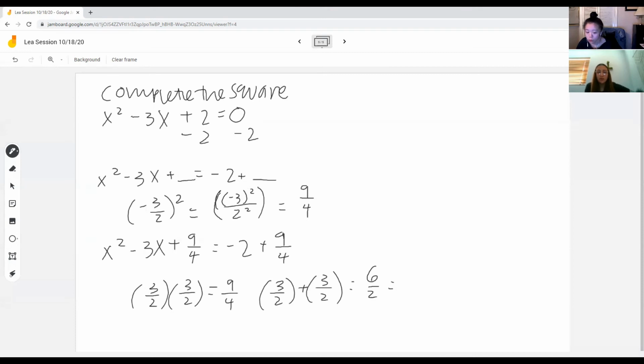So that would equal 3, right? So you have 3 over 2 times 3 over 2 equals 9 over 4. 3 over 2 plus 3 over 2 equals 3. But this is negative 3, right? So then it would just be negative, because negative 3 over 2 times negative 3 over 2 is still positive 9 over 4. But negative 3 over 2 plus negative 3 over 2 is equal to negative 3, right?